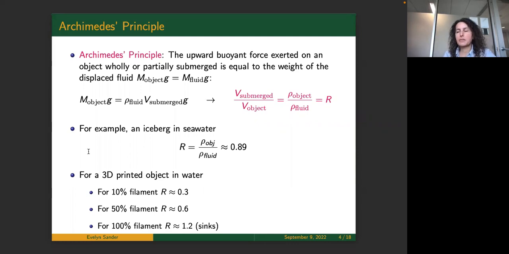I don't actually know what the number is for freshwater ice cubes and freshwater, but presumably it's different. But I do want to mention something about 3D printed objects, and this is for freshwater, not seawater.